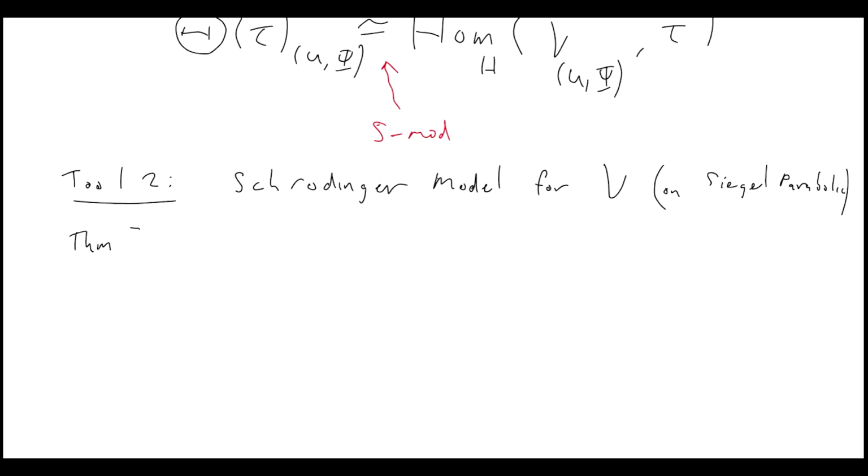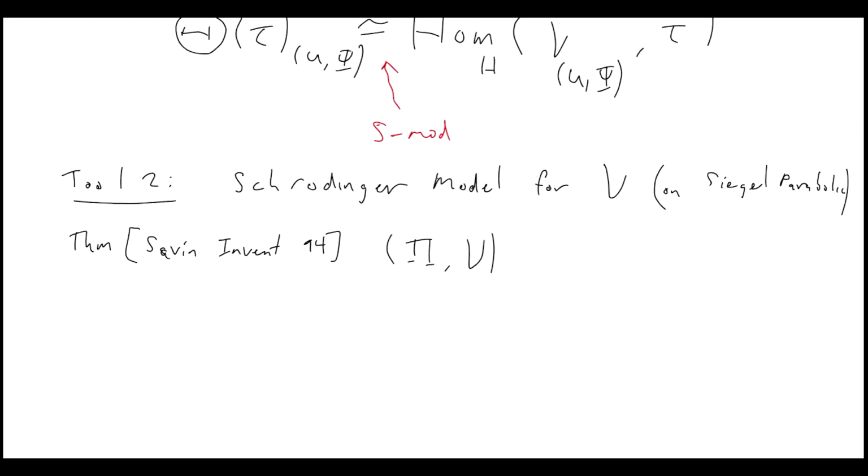I think this was first done in Savin's Inventiones paper from '94. It's done in more generality, but I'm just specializing to the case of E7 for today.